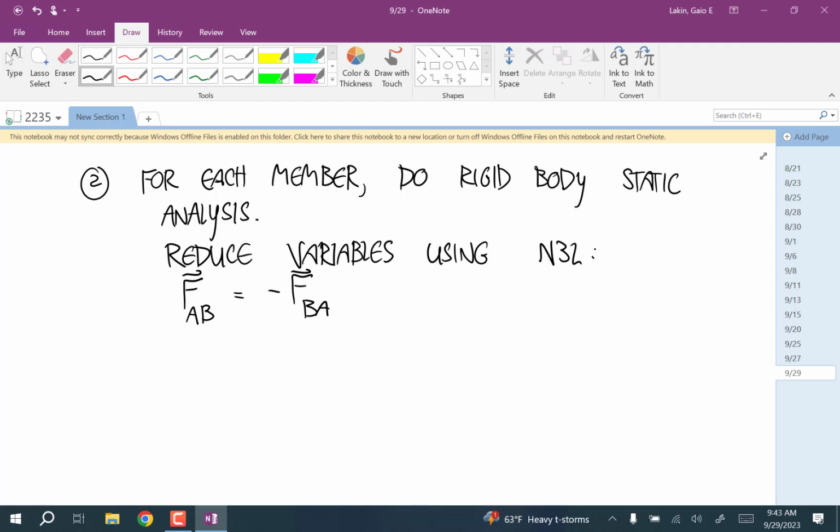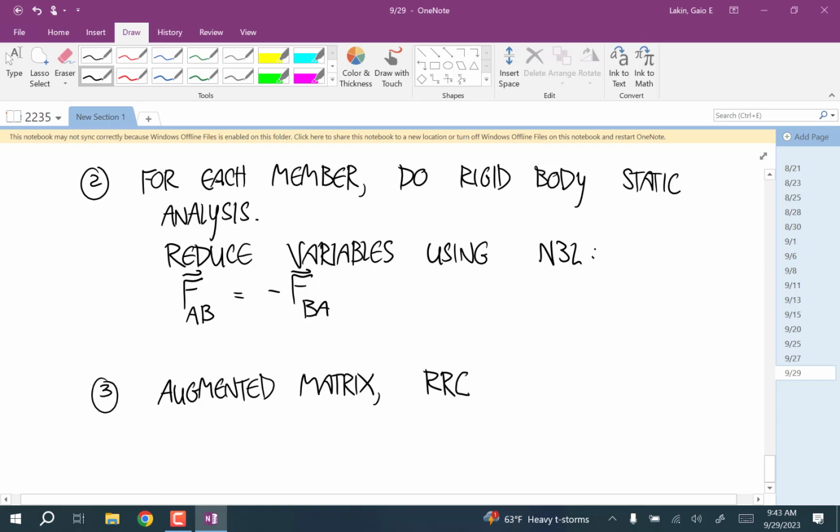And then the last step is augmented matrix, and then reduced row echelon form.